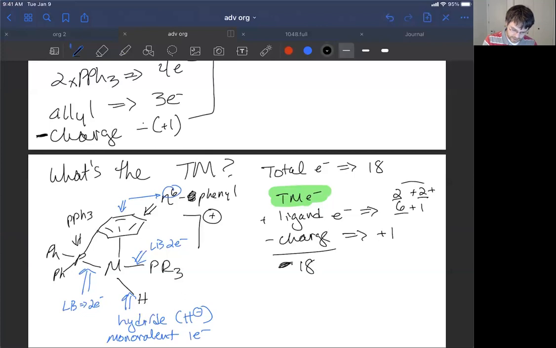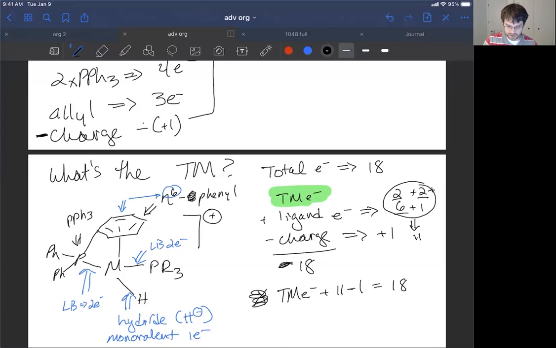Okay, so let me just check that number again. 2 plus 6 plus 2 plus 1 is 11. So we have X, which is our transition metal electrons, plus 11 minus 1, because you subtract the charge, is equal to 18.